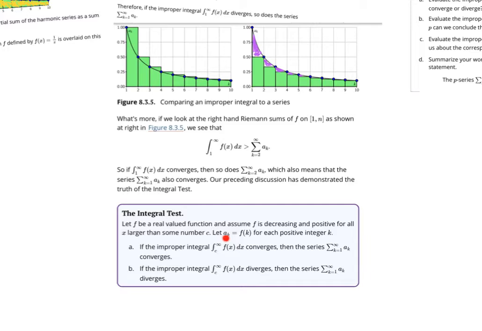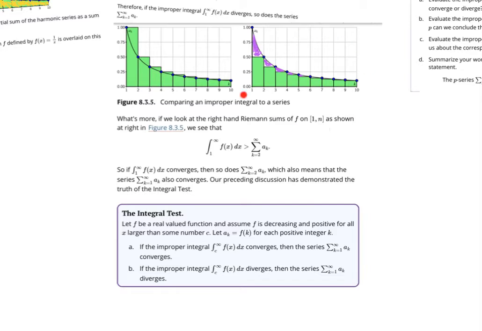And suppose that a sub k, the sequence from which we're going to build a series, is equal to f of k for each positive integer k. In other words, the terms of the sequence that build the series are each function values of this function. So the integral test says if the improper integral from c to infinity of f of x converges, then the series from k equals 1 to infinity of a sub k converges.